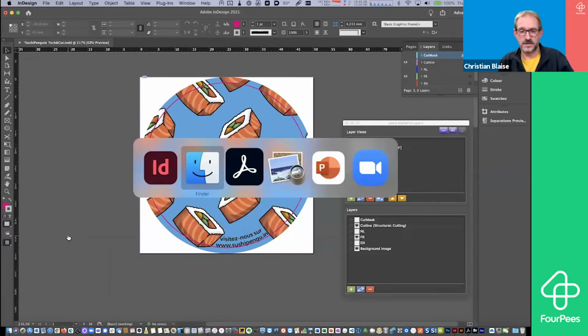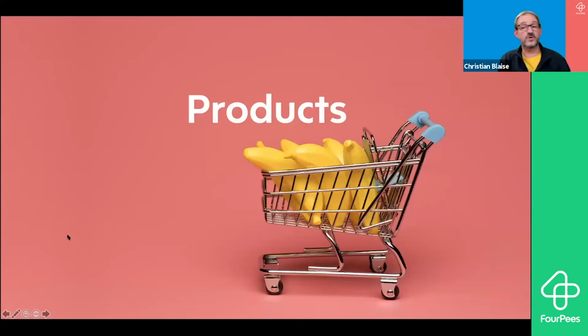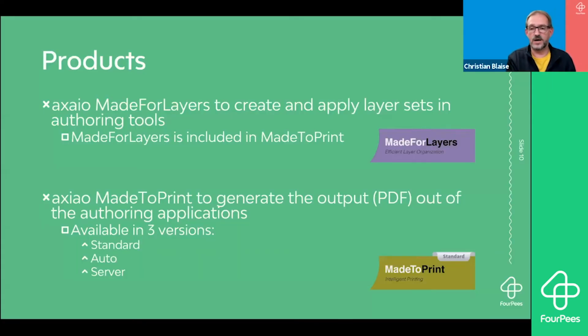Let's get back to the presentation now to talk about the products and what I used here and what is available in the range of Axaio for MadeToPrint. The product I used is actually MadeForLayers, to be able to create and apply the layer sets in the application.